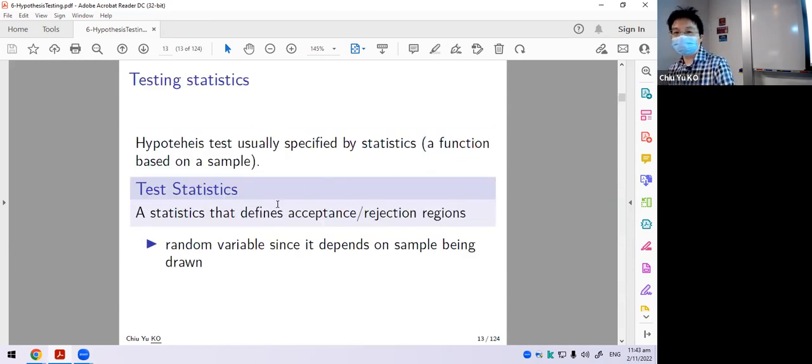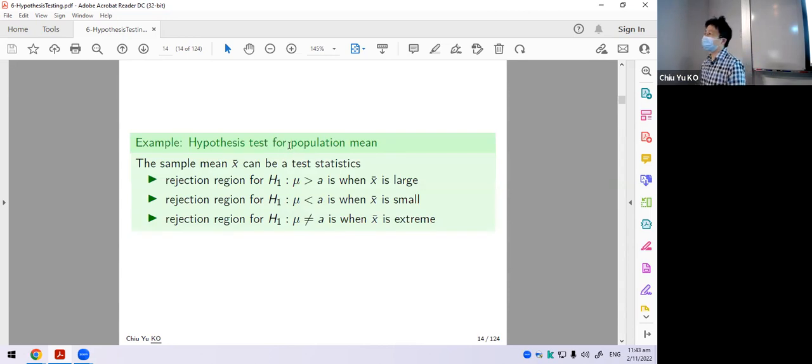So the test statistic is how you express your hypothesis test. You just say that if the statistic is more than a certain number or less than a certain number, you reject. So you specify your rejection region and acceptance region based on the value of the test statistic. An example is what we often do: look at the population mean, with the sample mean as the test statistic.